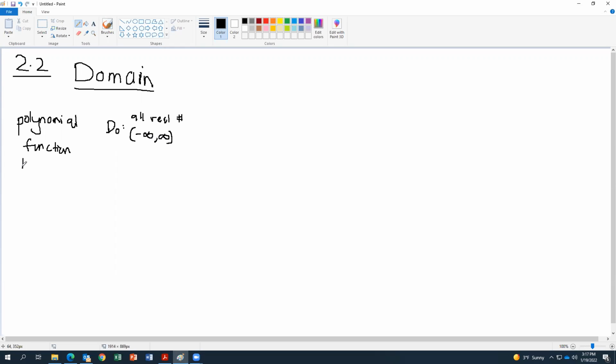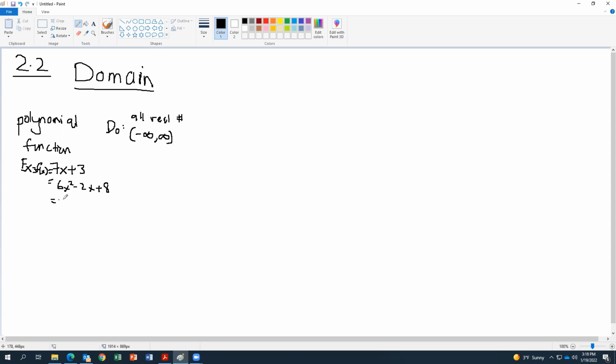Now, what are polynomial functions? Polynomial functions are functions with exponents. For example, f of x equals 7x plus 3. F of x equals 6x squared minus 2x plus 8.